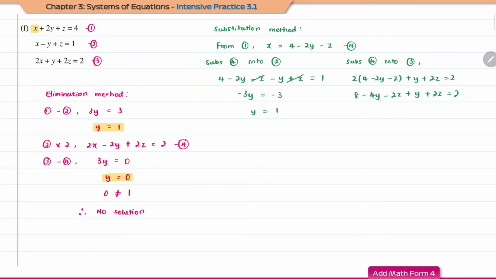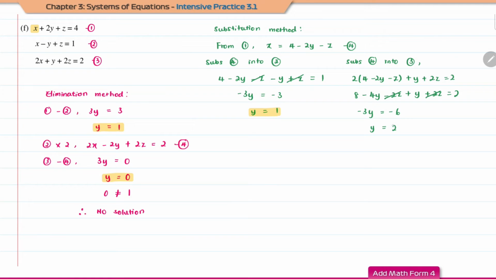Solve for the like terms. Negative 4y plus y is negative 3y. Negative 2z plus 2z is equal to 0. And then move this 8 to the other side. 2 minus 8 is negative 6. So here you're going to find that y is equal to negative 6 divided by negative 3, which is positive 2.